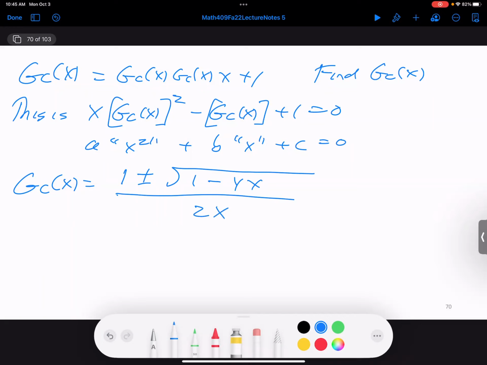We now have the generating formula. So given the Catalan numbers, we got a closed form expression for the generating function. All we have to do is Taylor expand, and we have a formula for the Catalan numbers. Now, there's one slight problem here.